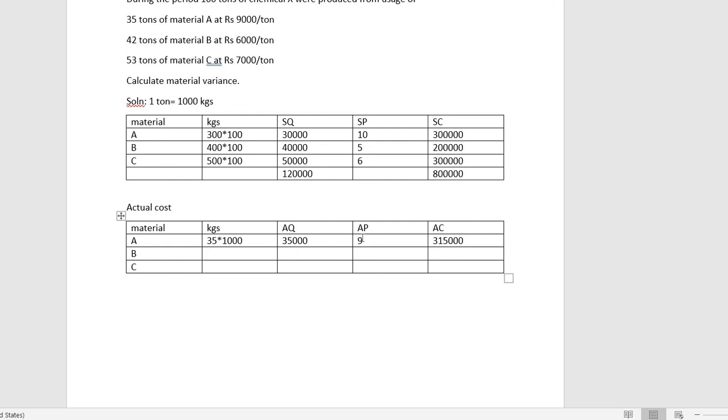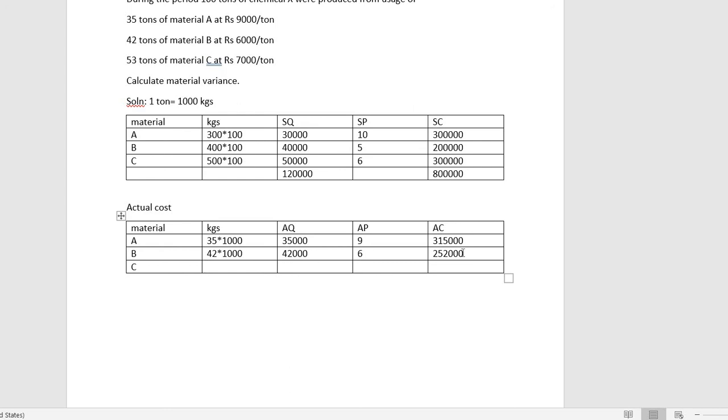For B, 42 tons into 1000, 1 ton is equal to 1000 kg. The actual quantity will be 42 into 1000, 42,000. The actual price will be 6,000 divided by 1000, that is 6 rupees. Next, actual cost is actual quantity into actual price, 42,000 into 6, 2,52,000.